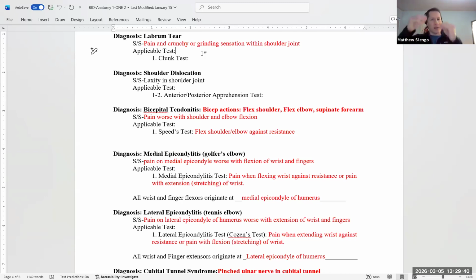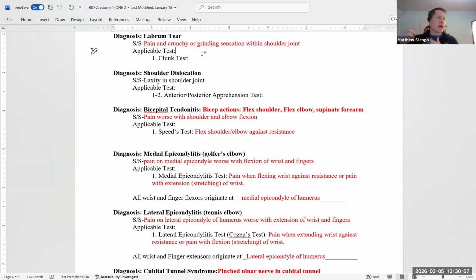The labrum gets injured and pieces of that cartilage break off and get into the joint space. And then the person essentially has debris floating around in the joint space. So when they use that joint, the debris is bumping into everything, creating more friction, and it leads to pain and irritation.